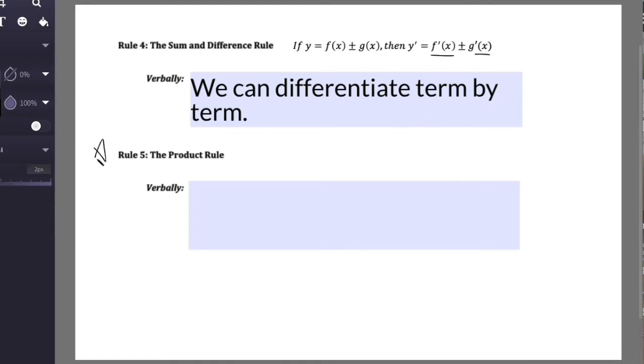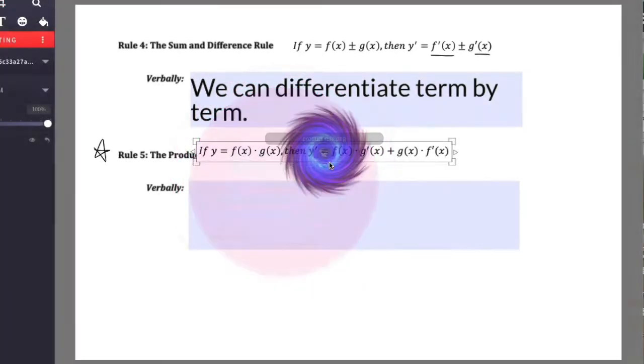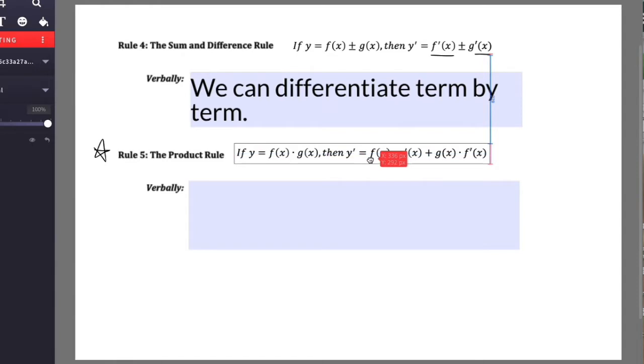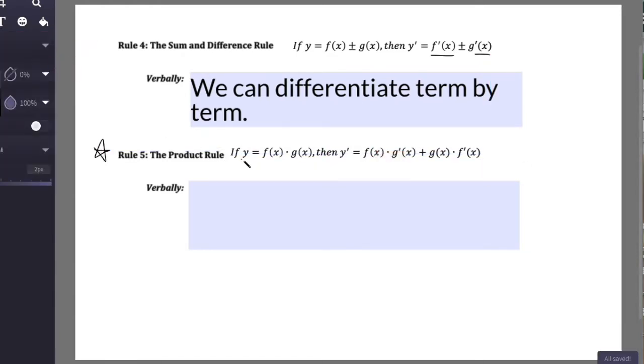Next up is the product rule. These last three are definitely the more challenging ones, and they will take practice to master. So for the product rule, let me pull this in here. Instead of having a sum or difference of two functions, you have a function, y, that's composed of the product of two functions.